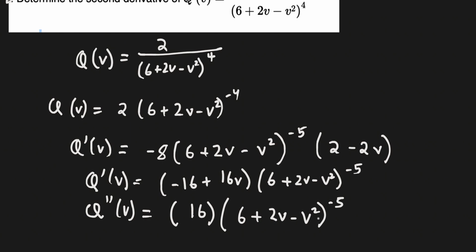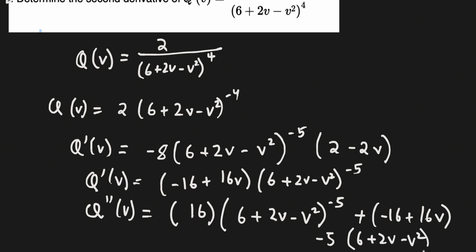And then what do we do here? So then we add this function. Okay, negative 16 plus 16v times the derivative of this function. That's just going to be, we have a negative 5. We can bring that down there. And then 6 plus 2v minus v squared raised to the negative sixth power.